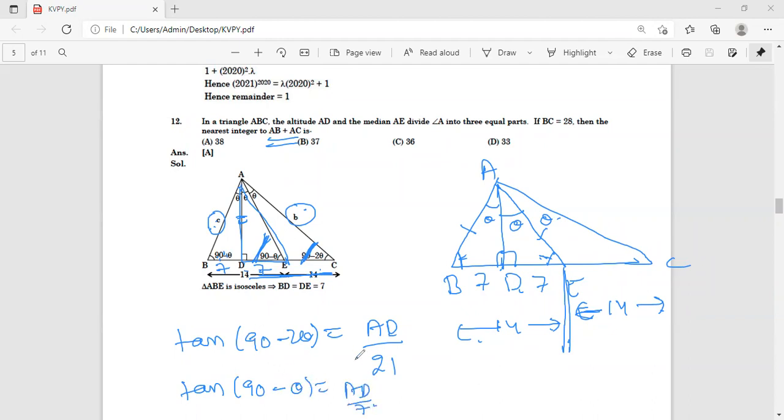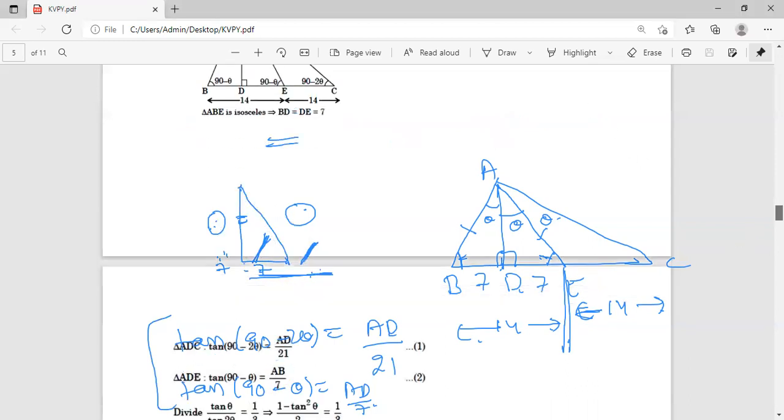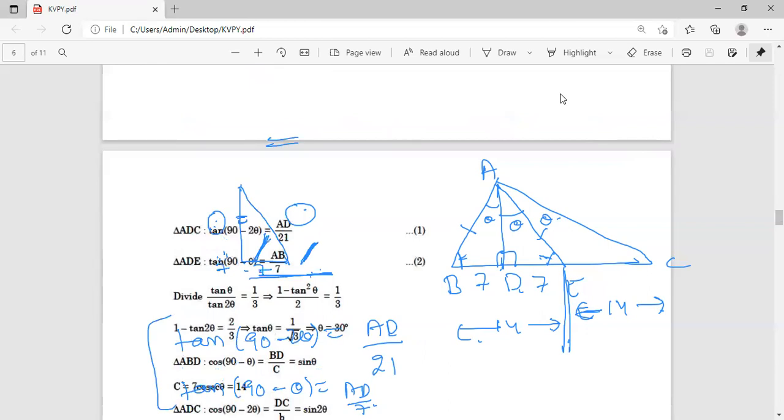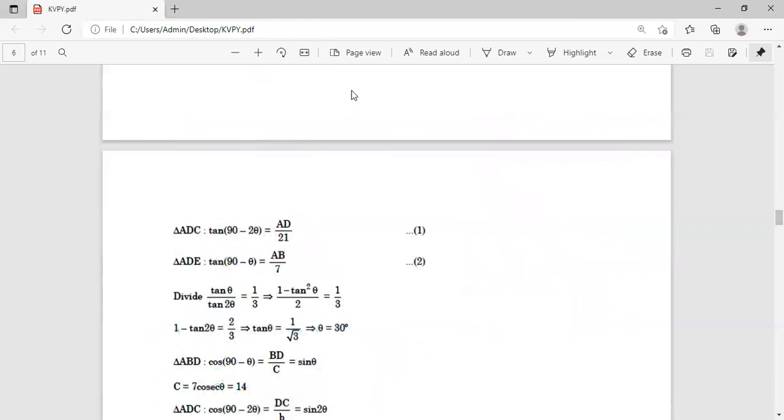So you need to find theta. So you can just divide these two and solve for theta. So I have solved it here. Tan 2 theta formula you can use, 2 tan theta by 1 minus tan squared theta. So you'll get tan theta as 1 by root 3. Theta is 30 degree.